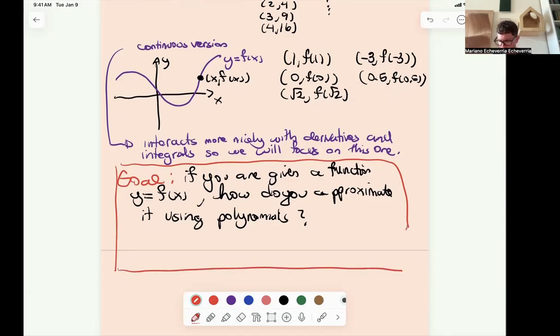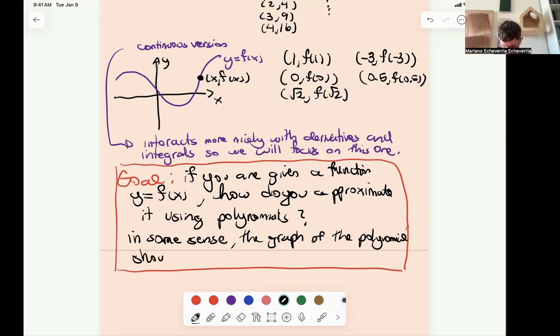We'll be a bit more precise later, but you would like the graph of the polynomial to be close to the graph of the function.